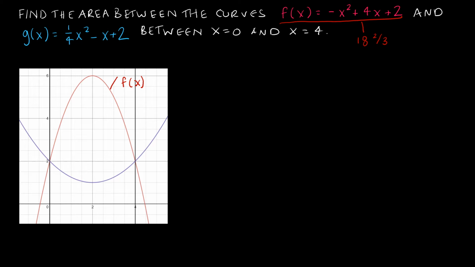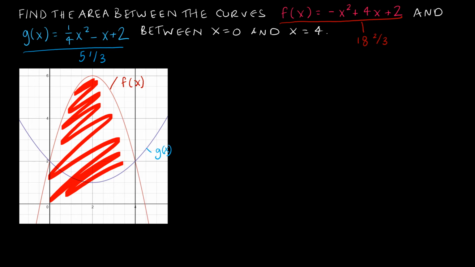And my second function, g of x, had an area of 5 and 1/3. So before we integrate this, let's take a look at how we can visualize what's going on. This area is f of x. This area is g of x.